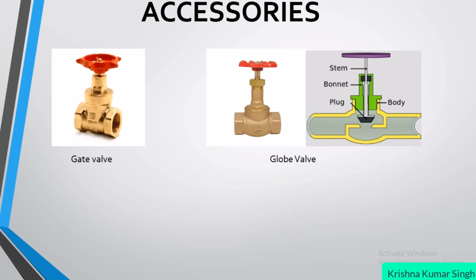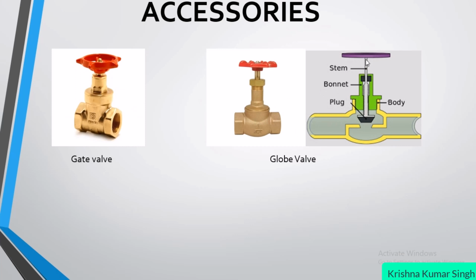Now next we have a globe valve. These two valves look slightly different from each other. It is more like a sphere over here, and the other looks like a rectangle. In this case, it has a plug over here, and a bonnet and a stem.